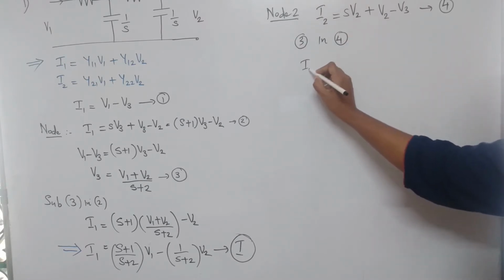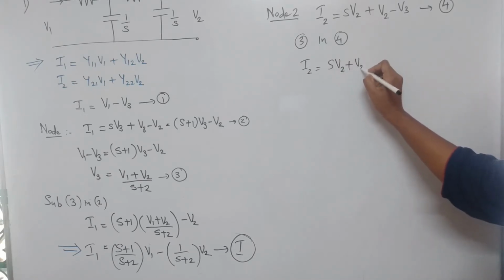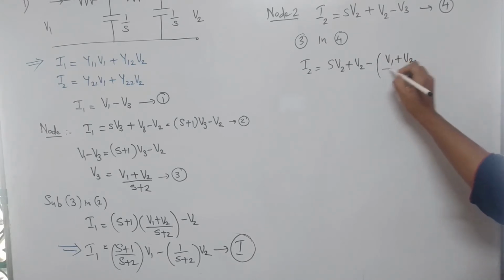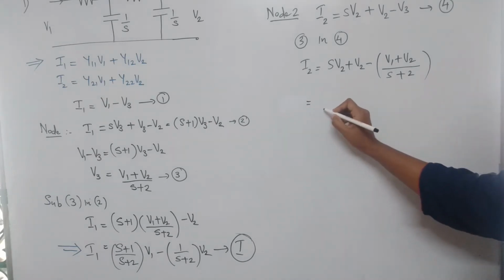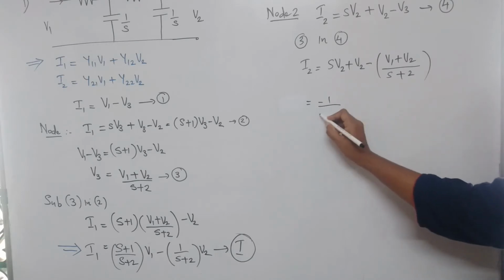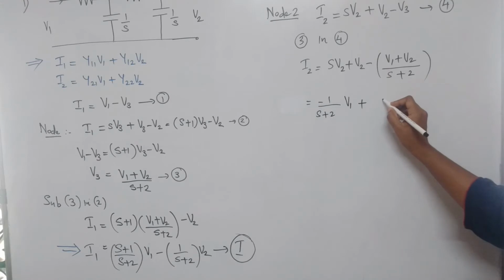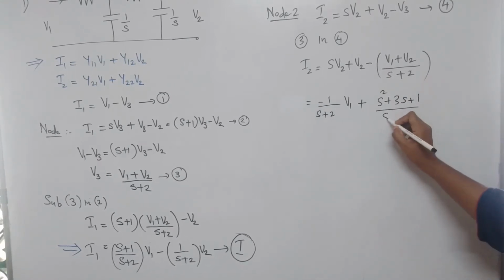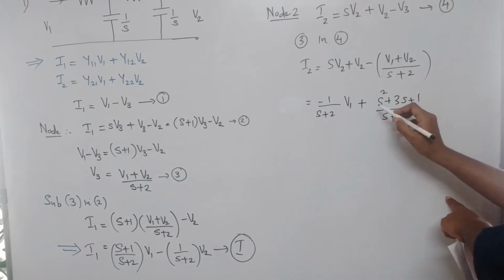We'll get I2 is equal to SV2 plus V2 minus V1 plus V2 by S plus 2. Now if we rearrange it, we get minus 1 by S plus 2 V1 plus S square plus 3S plus 1 by S plus 2 V2.